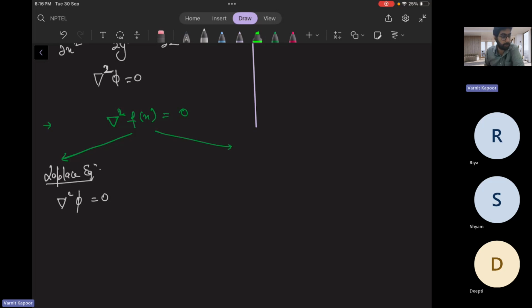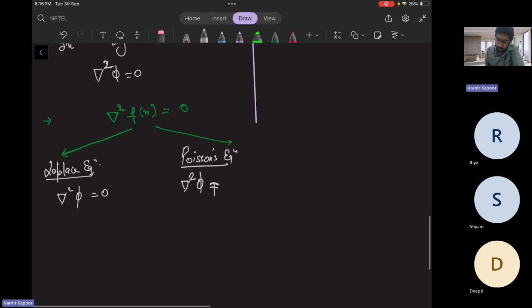Whereas the Poisson's equation says that del square phi is non-zero.